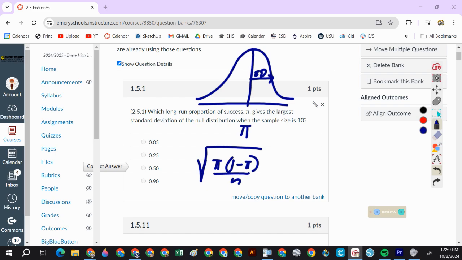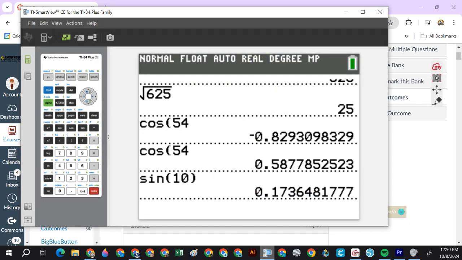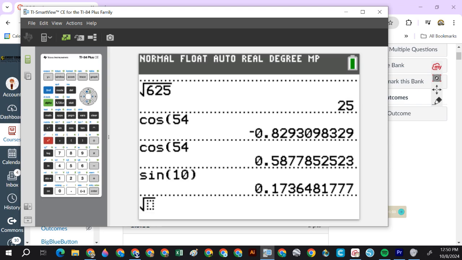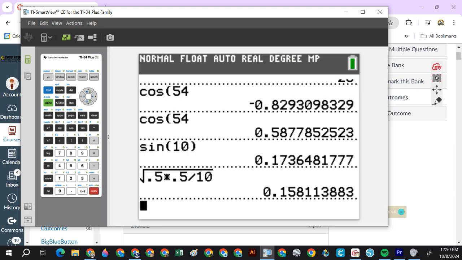So let's see what happens as the standard deviation changes. I like to think of this as the square root of the successes times the failures divided by n. So the square root of 0.5 times 0.5 divided by 10 gives me a standard deviation of 0.16.